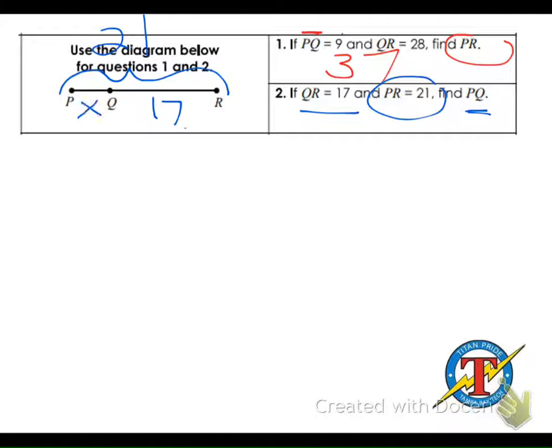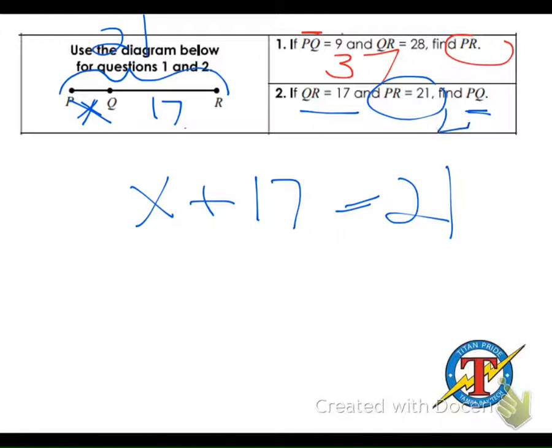That would be this guy right here. I don't really need algebra to figure that out. What number plus 17 is 21? I can write algebra if I want to, but I think we can do this in our head. 21 minus 17, so PQ would be 4. You really do not need to show work for common sense type problems like that.